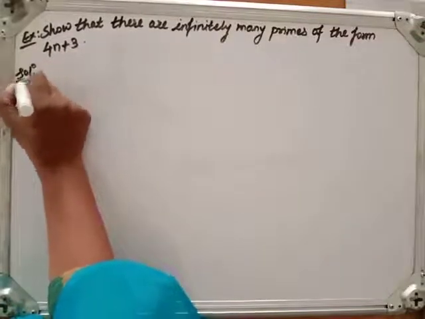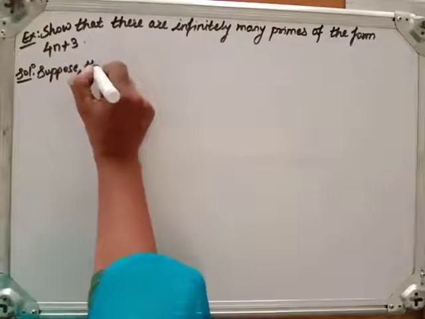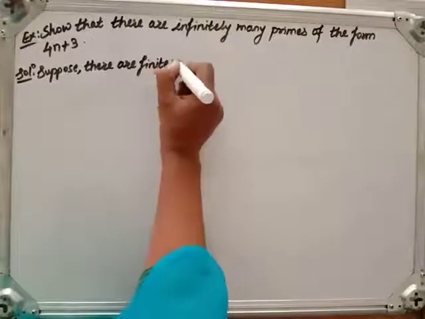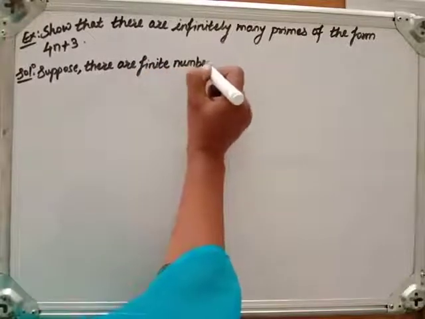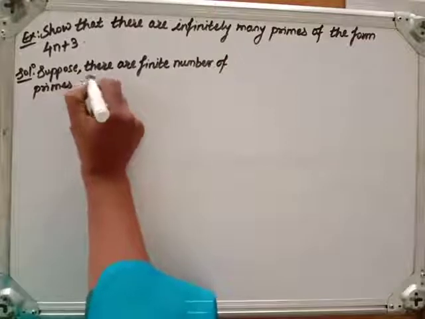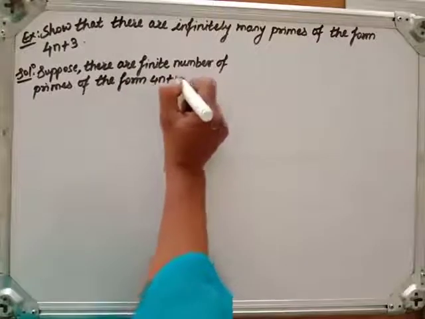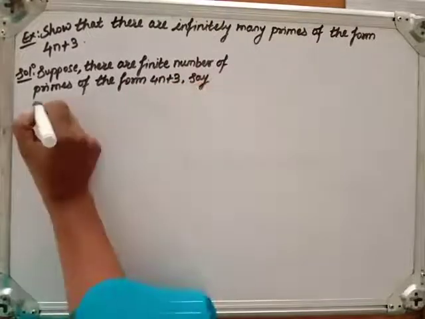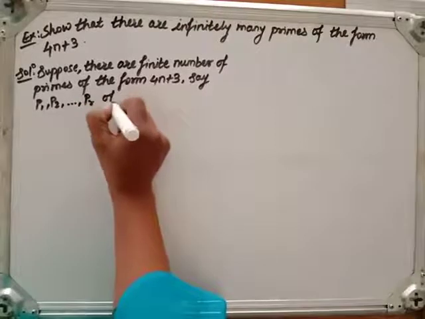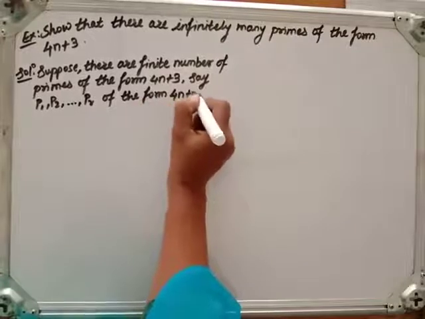So solution: suppose on the contrary, let's assume there are a finite number of primes of the form 4n+3, say p1, p2 and so on up to pr, of the form 4n+3.